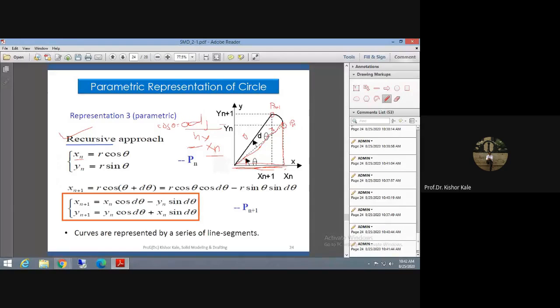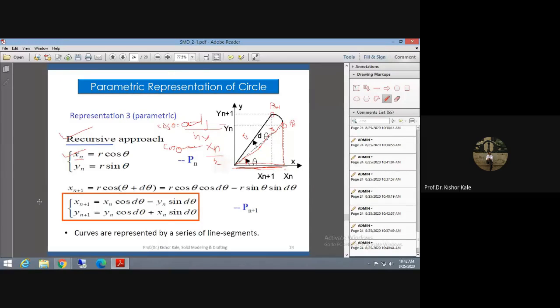This is a right angle triangle with a 90-degree angle. So xn over r is cos of theta. So xn will be equal to r into cos of theta. The same thing is written here. Is it okay?